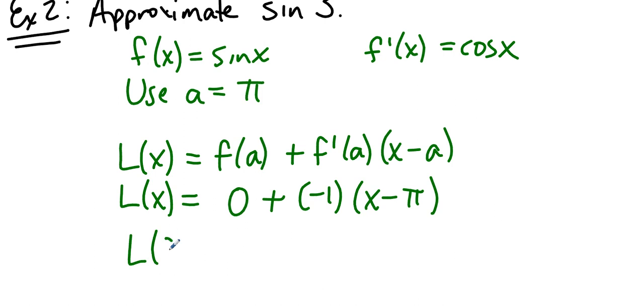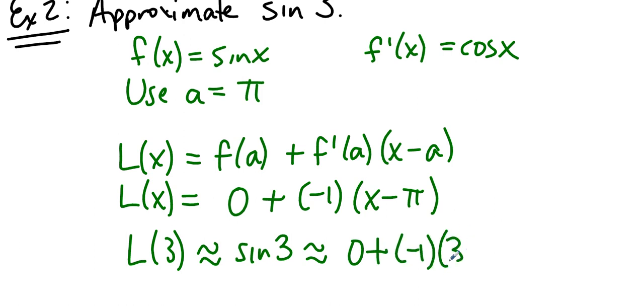And so when we're interested in L of 3, that's approximately the sine of 3. That's 0 plus -1 times 3 minus pi. This number, whatever it is, is an approximation for the sine of 3.